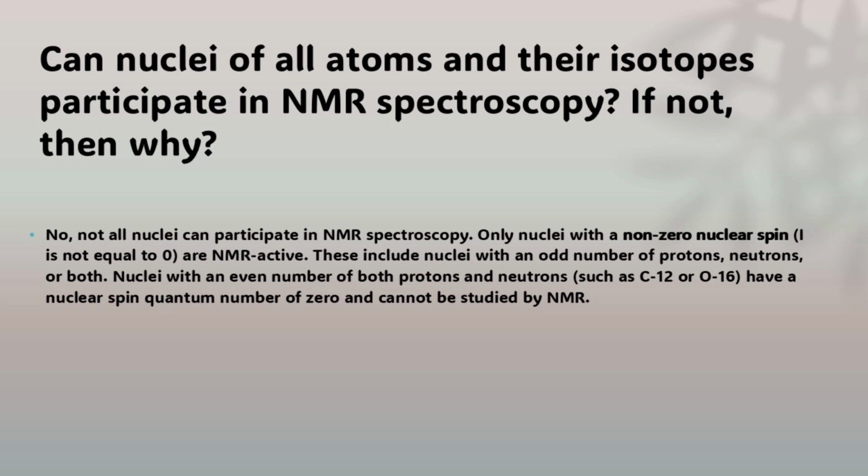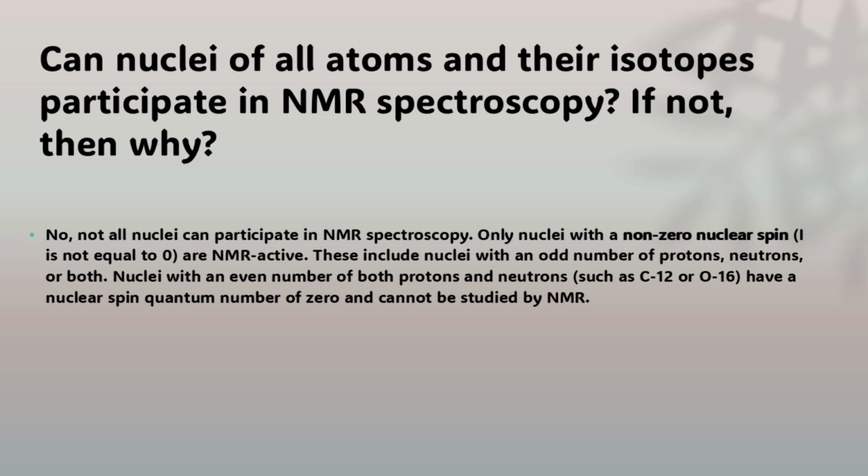The answer to this question is, no, nuclei of all atoms and their isotopes cannot participate in NMR spectroscopy. Only those nuclei which have a non-zero nuclear spin, which means nuclei for which the nuclear spin quantum number is not equal to 0, are NMR active.